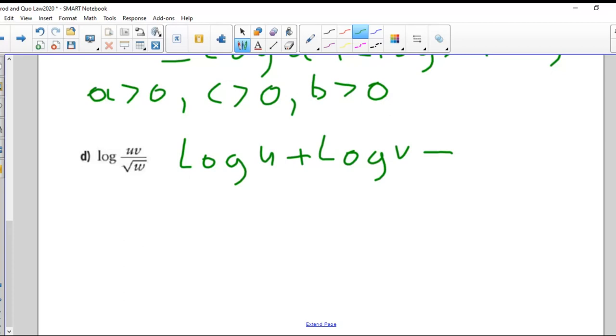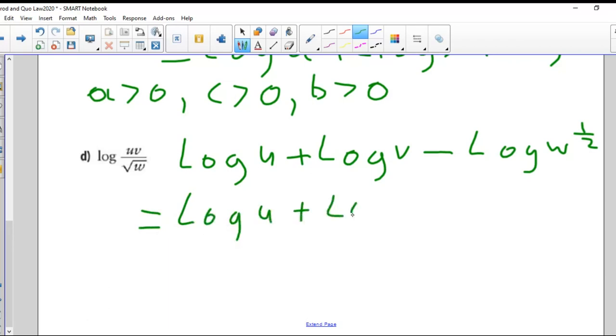And we're running out of time, but we're going to stick with you. Let's just get this done quickly before we go. What exponent represents a square root? Again, it's a half. So why don't we say this then? It's the log of w to the power of a half, which, yes, we can write as the log of u plus the log of v minus a half log w.